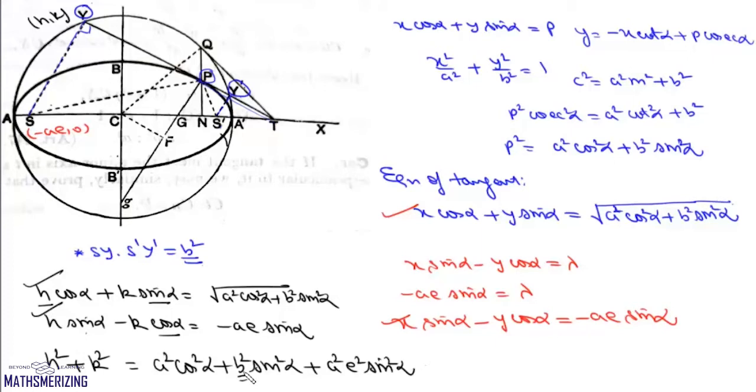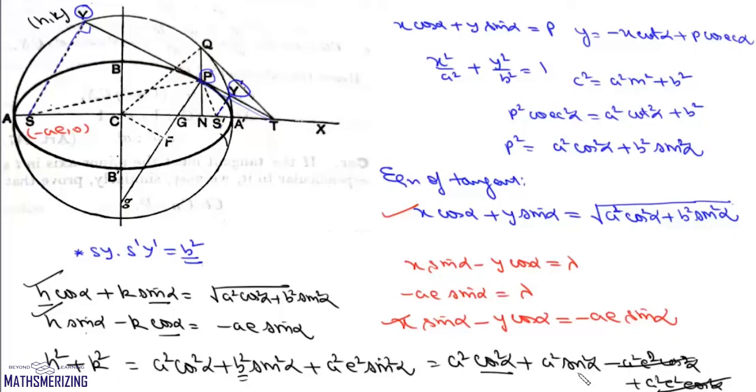Now we can write b square as a square into 1 minus e square. So we can actually write this as a square cos square alpha plus a square sin square alpha minus a square e square sin square alpha, and then plus a square e square sin square alpha, which will cancel.